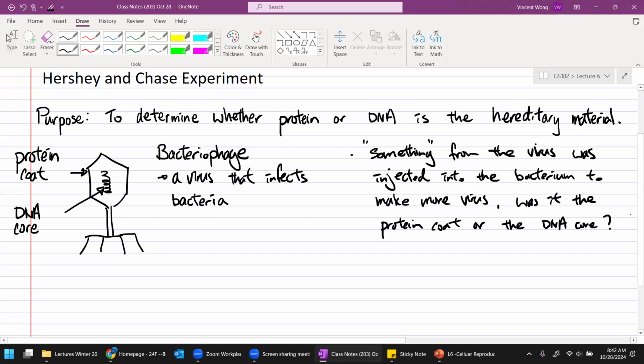What got injected into the bacteria? Bacterium is singular, bacteria is plural.